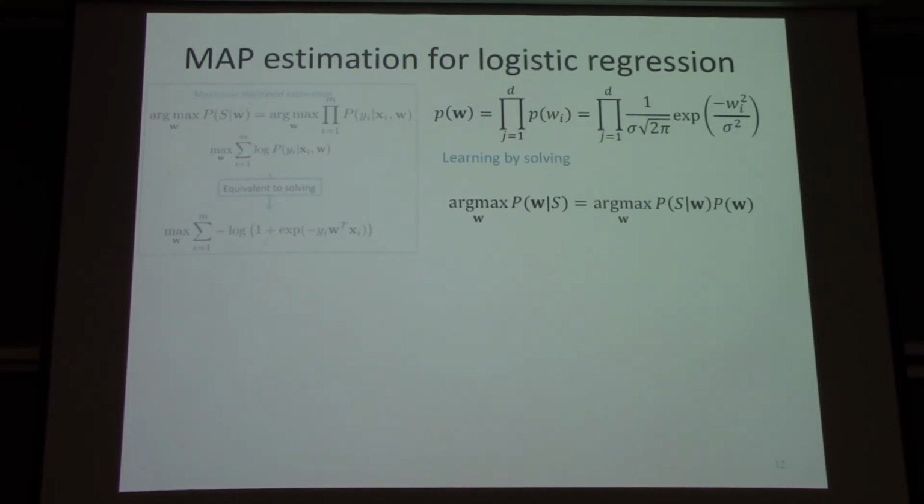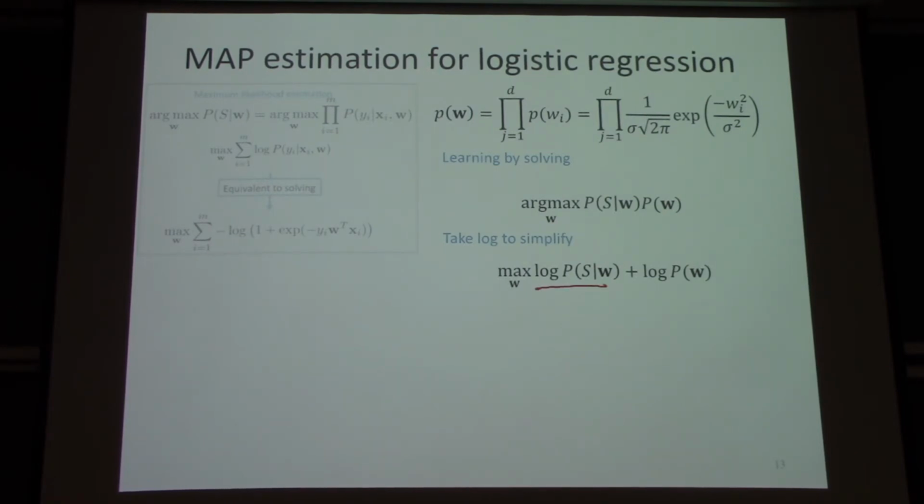So our goal of learning is to find a W that maximizes P of W given S. Essentially, we are asking what is the most probable weight vector under this set of assumptions. And that's the same as maximizing this product. We know both terms of the product, but before we start putting things in, let's take the log. The max of this is the log likelihood of the data plus the log prior.